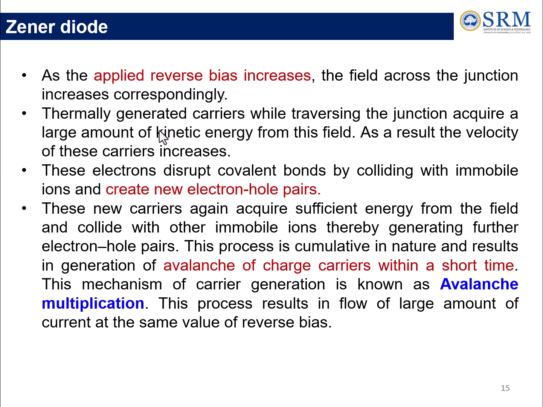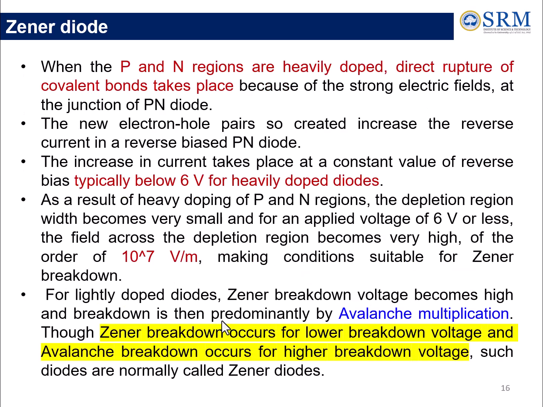This mechanism of carrier generation is known as avalanche multiplication. This is due to the large applied reverse bias, because of which the field increases. This field gives the energy to the carriers. So this process results in a large amount of current at the same value of reverse bias.